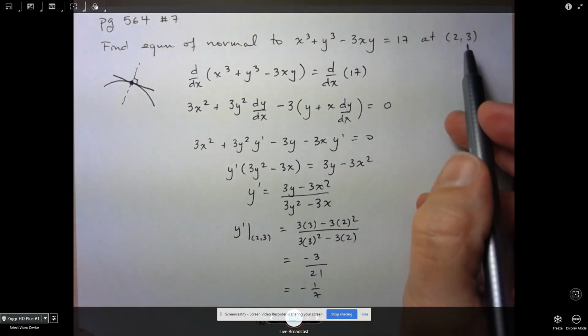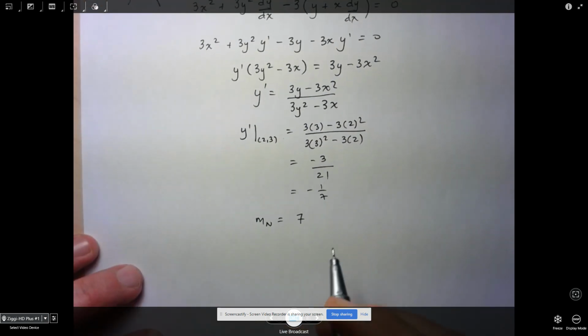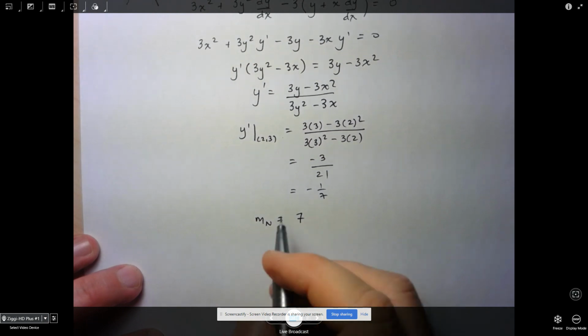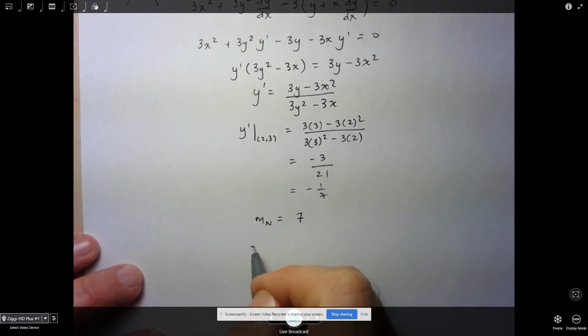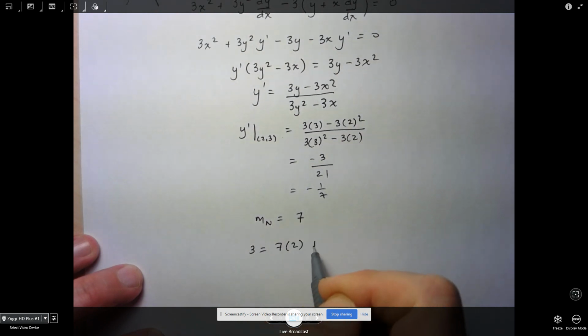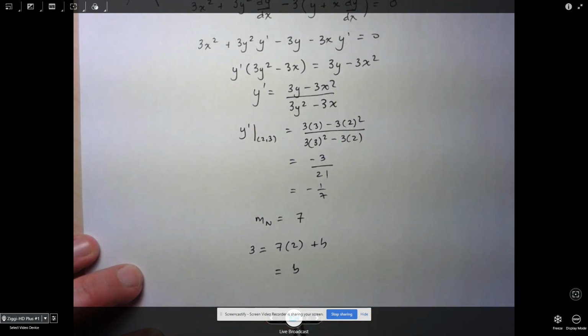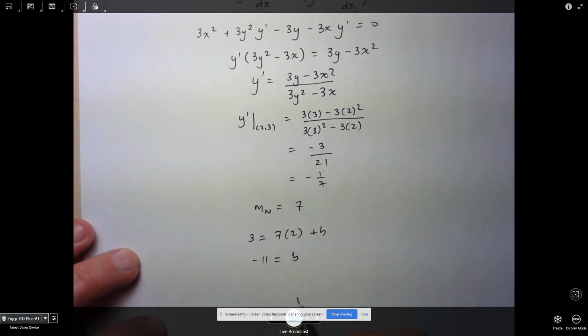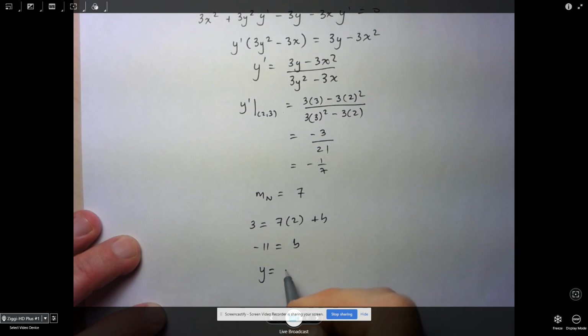Remember, the normal still passes through (2, 3). So let's stick this into y equals mx plus b. So 3 equals slope of 7 times 2 plus b. So b is equal to 3 minus 14, negative 11. So our final answer is y equals 7x minus 11.